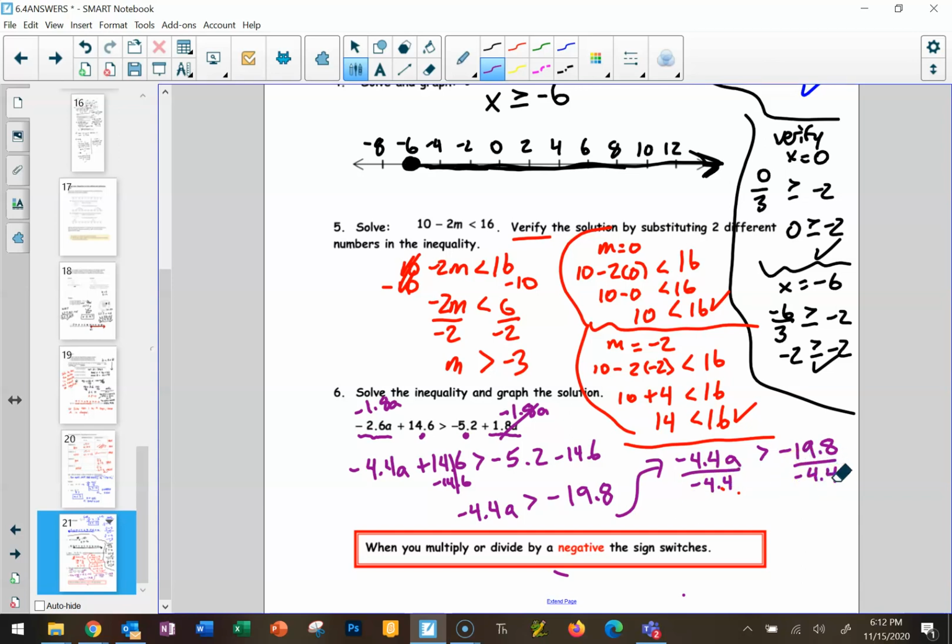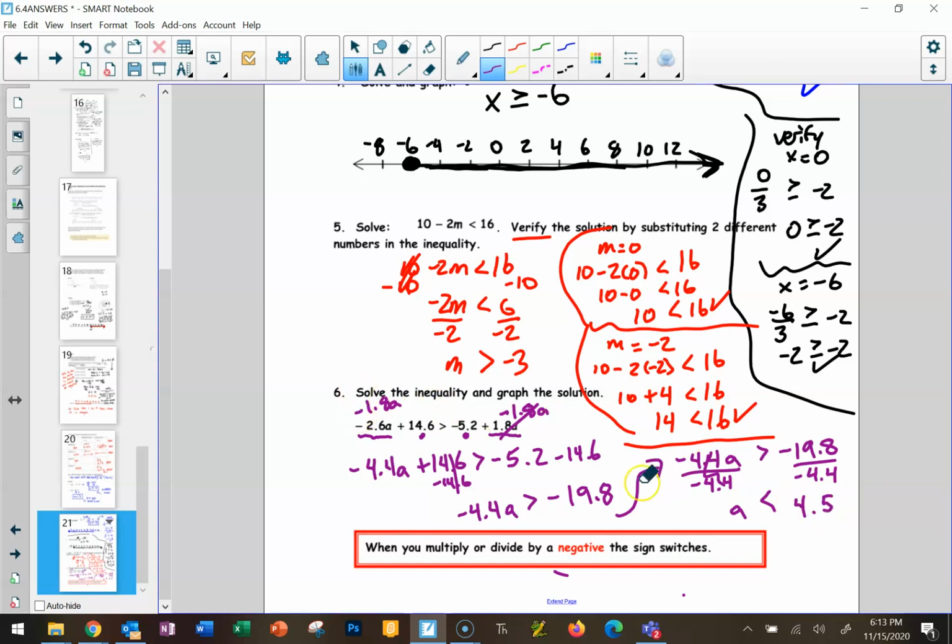So now that I know that I'm dividing by a negative number, I instantly flip my sign. Okay, so I'm left with a, and then what is negative 19.8 divided by 4.4 is a positive 4.5, because I had a negative divided by a negative, so that's a positive 4.5.